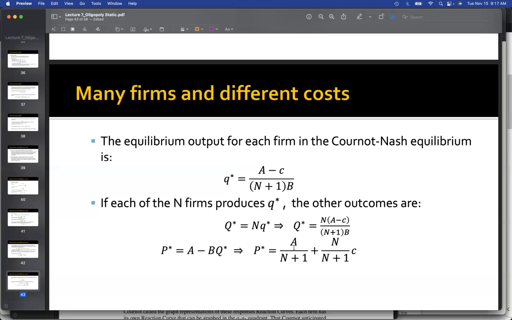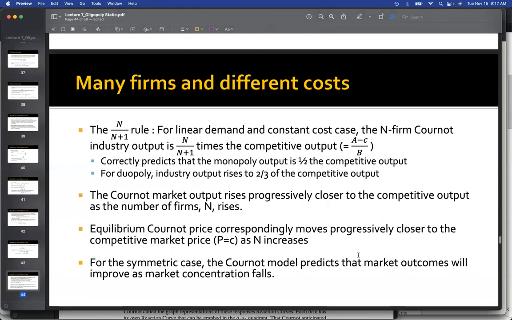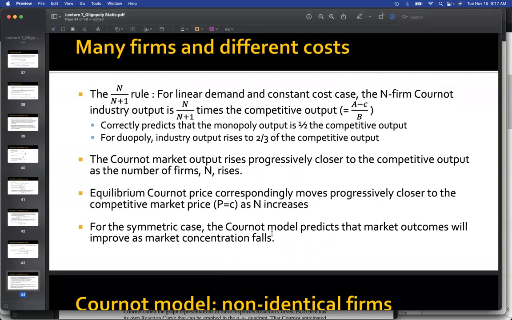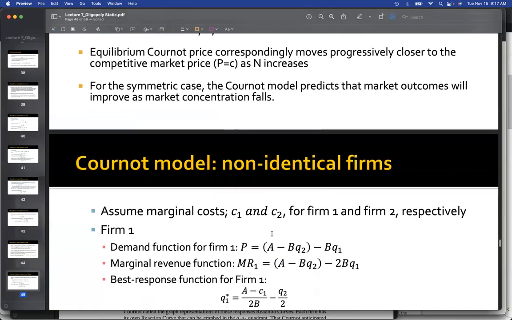Mawawala ito because the n plus 1 becomes very, very big, and a divided by a very big number becomes 0. So P star will become c, which is the perfectly competitive outcome on the price side. Okay, so that basically repeats everything that we said here. The n divided by n plus 1 rule.